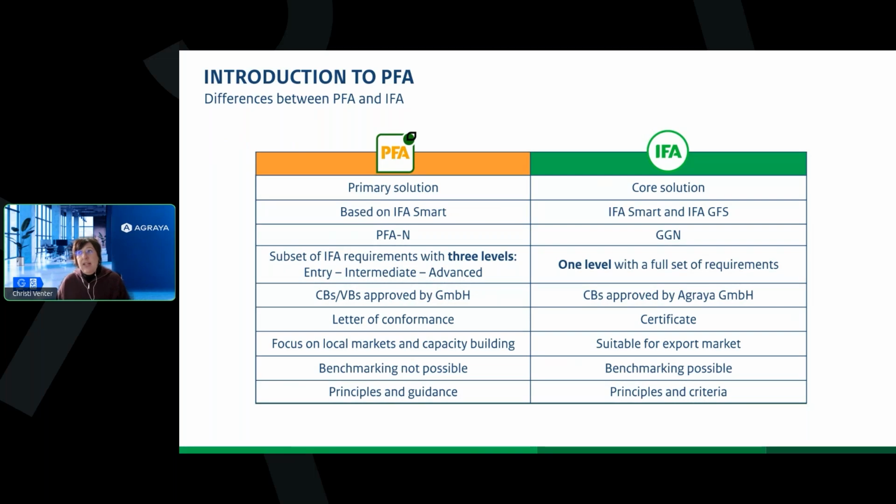So in the case of PFA, it's PFA number, PFAN, and with IFA, it is a GLOBAL.A.P number, or GGN. I already mentioned the 3 levels that we have in the PFA program. So basically progressing through the different levels, while with IFA, there's only 1 level.